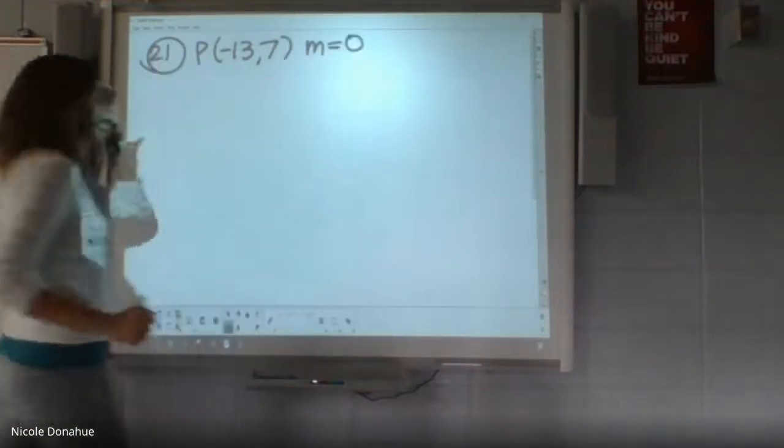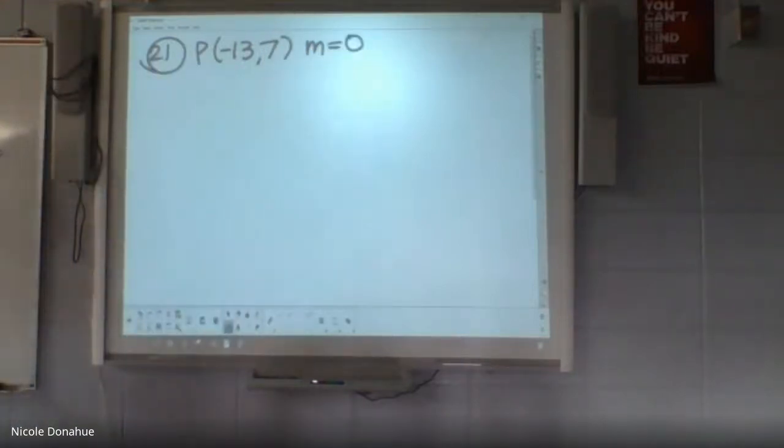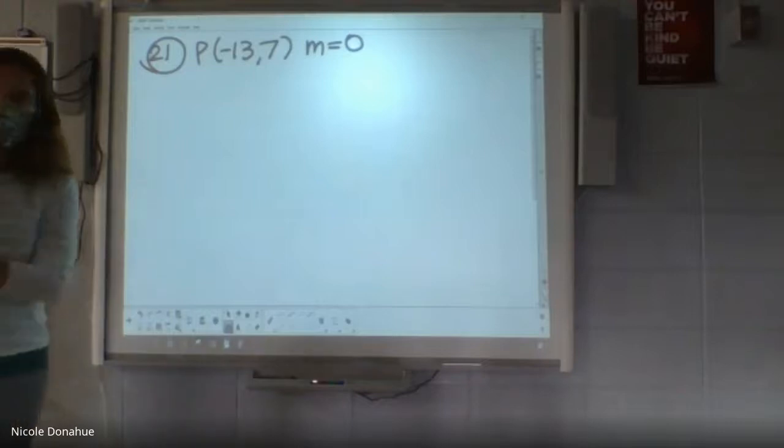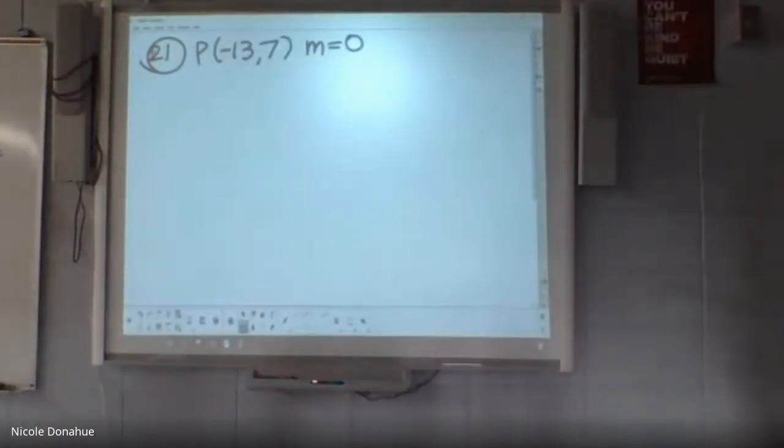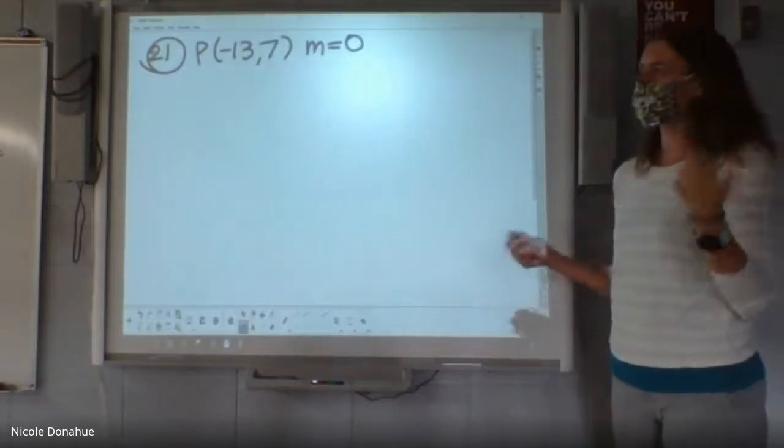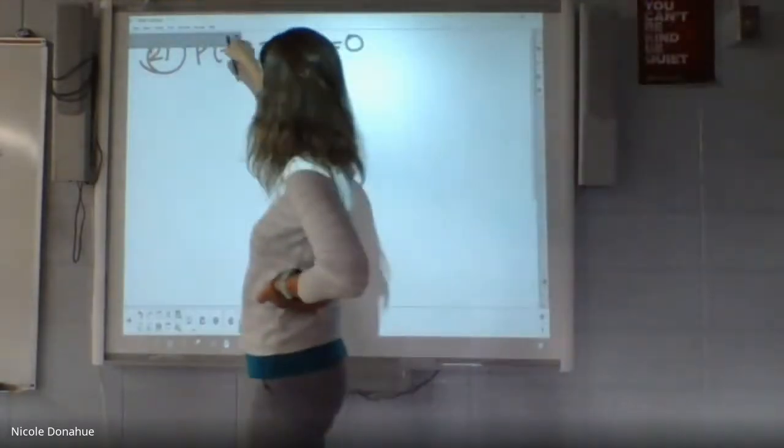Okay, so they tell us it goes through point negative 13.7 and there's a slope of 0. Well, first of all, negative 13.7 is kind of a pain because if you're graphing it, it'd be way off our graph. And a slope of 0. Now this one I guess isn't terrible, probably for the y equals mx plus b, now that I think about it.